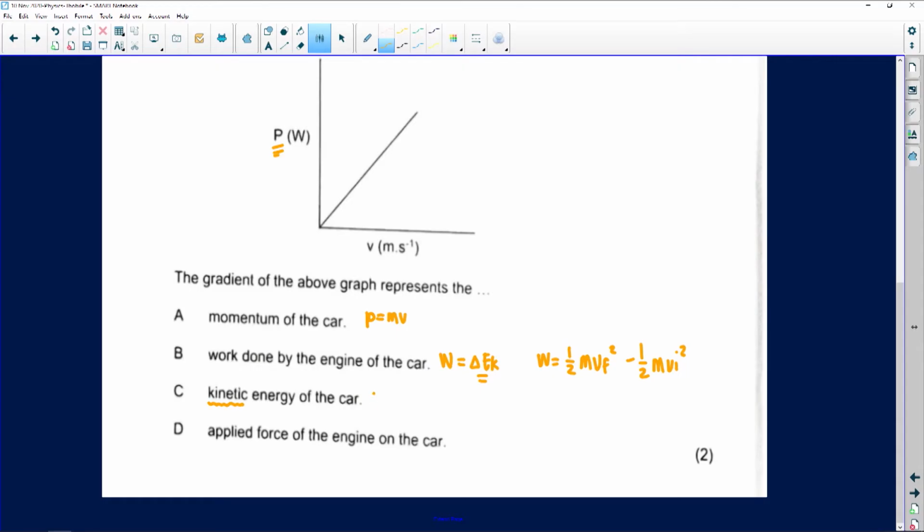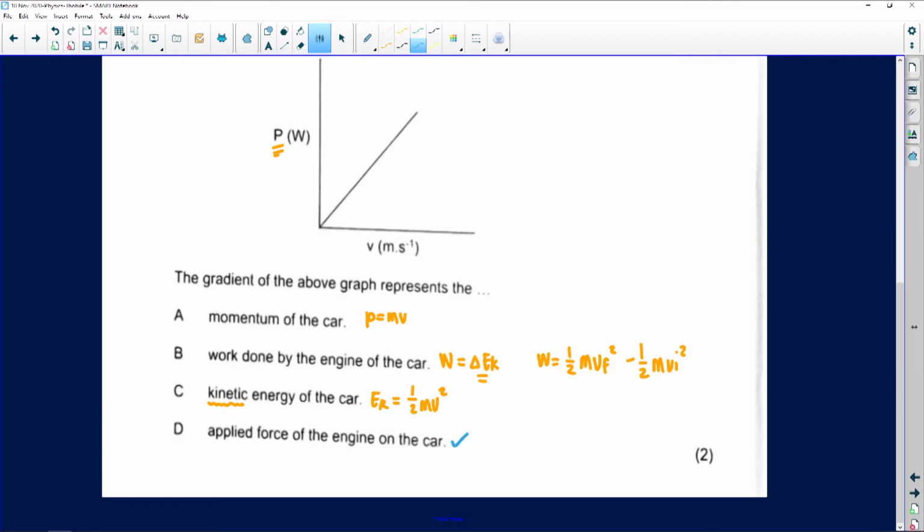Remember, kinetic energy is EK. To actually calculate EK, we have a half mv squared, right? Not really with power. And then again, we have the applied force of the engine of a car. This one could actually be correct. Why do I say that?